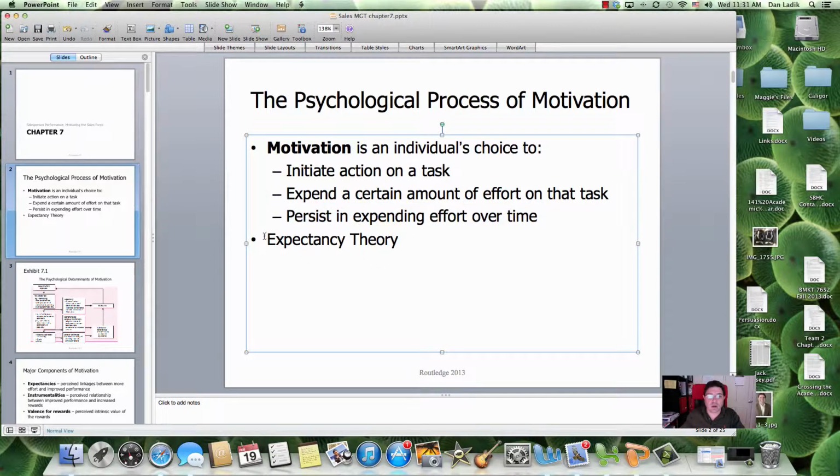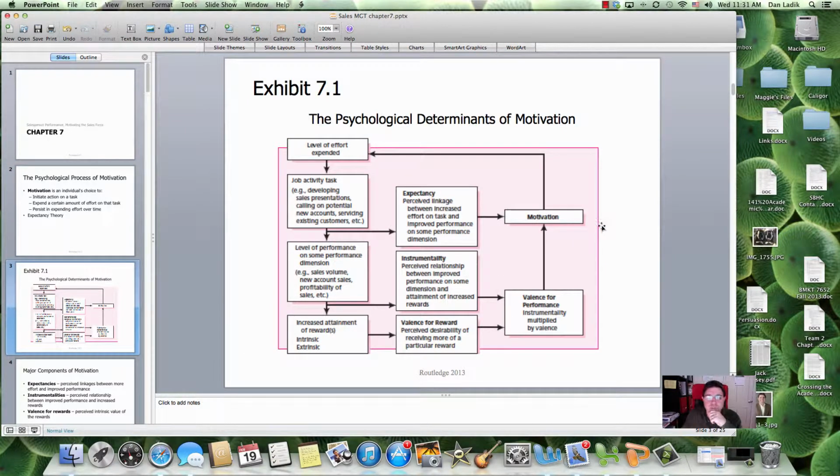This all goes down to expectancy theory that was highlighted a little bit in Chapter 6. So here is the master diagram. We are starting at motivation. We have some valence for performance, right? And from how motivated we are, some level of expended effort.